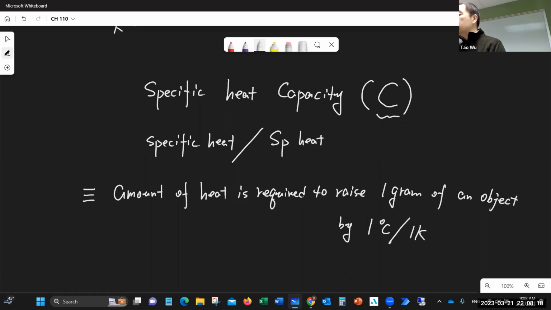A change of 1 Celsius and 1 Kelvin generally talk about the same thing. So this is the specific heat.